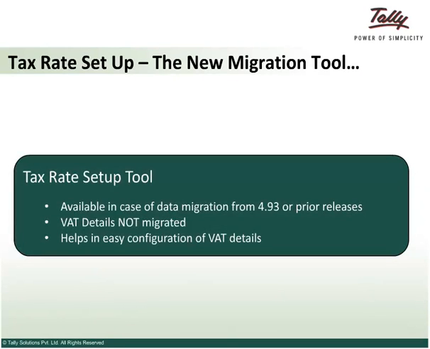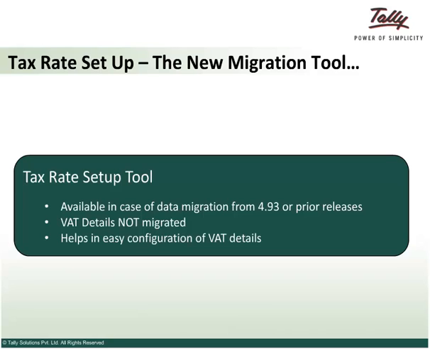Now we turn our attention to the fresh new report of Release 5.1, the Tax Rate Setup Report. This is a tool that has been provided for existing users who will migrate their data from 4.93 or prior release to Release 5.0 or 5.1. Now, in the process of data migration, the VAT details, VAT commodity details, and VAT rates will not be migrated to the latest release.